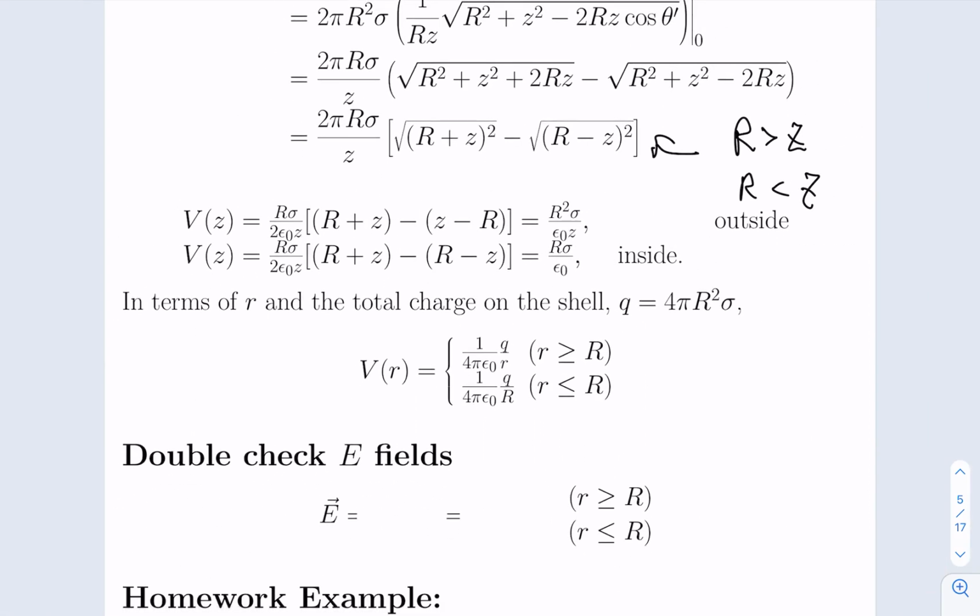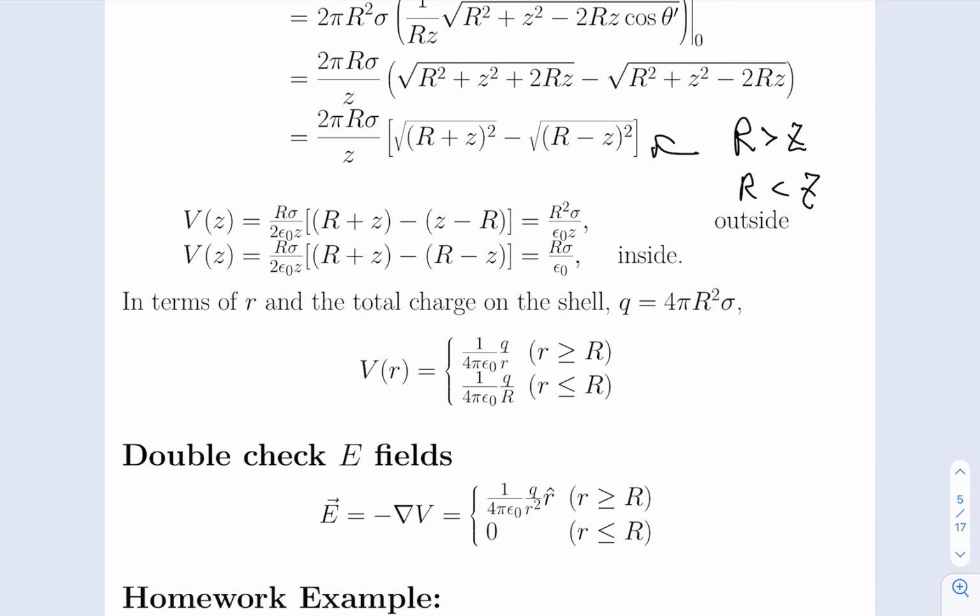Okay, so this is the final expression, and to check if it's true, we can simply check the electric field. The electric field is the negative gradient of the scalar potential, and what we get is something familiar. Inside, it doesn't depend on the little r, so the field is 0, and outside you simply take a partial derivative with respect to r, which gives you 1 over r squared.